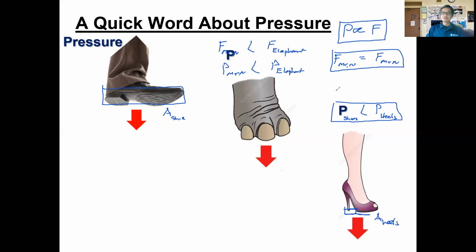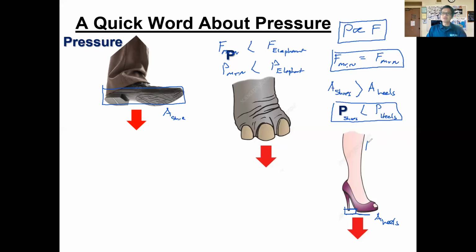Obviously, the area over which my shoe steps is going to be greater than the area of the heels. Just imagine the pair of heels: the overall area of the heel is going to be less than the overall area of the shoe. So I'm applying the same force, but over a smaller area.